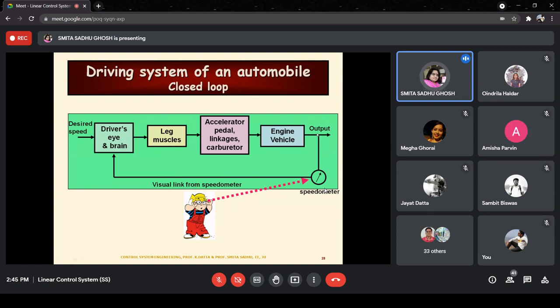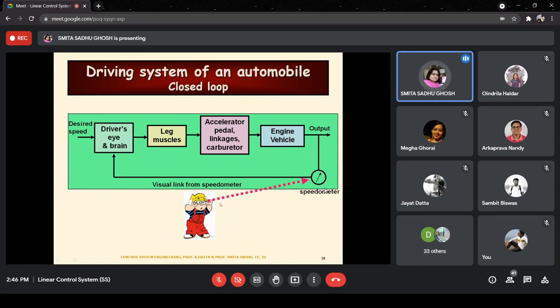When the output variable value is over the limit, a corrective action will be taken: this person will be able to read that value and send a signal such that the accelerator is released and the acceleration is reduced, so that velocity decreases. And vice versa, if the output has a lower value, then action will be taken such that it increases.